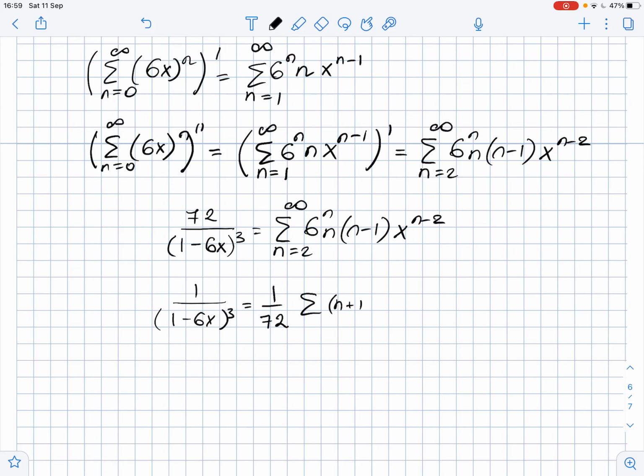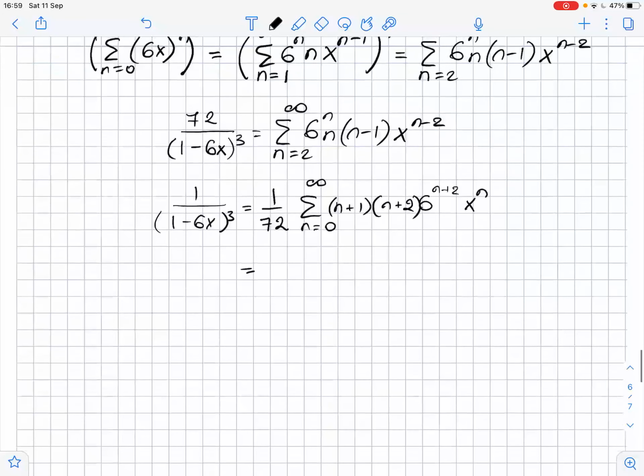n plus 1 times n plus 2 times 6 to the power of n plus 2 times x to the power of n from n equals 0 to infinity, and this equals the sum of n plus 1 times n plus 2 times 6 to the power of n plus 2 times x to the power of n over 2 times 6 to the power of 2 from n equals 0 to infinity.